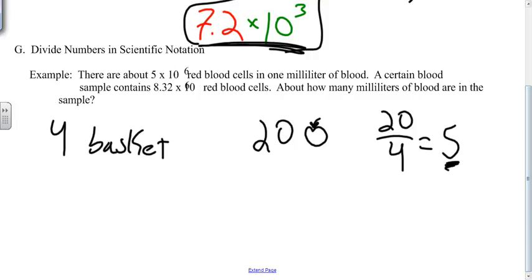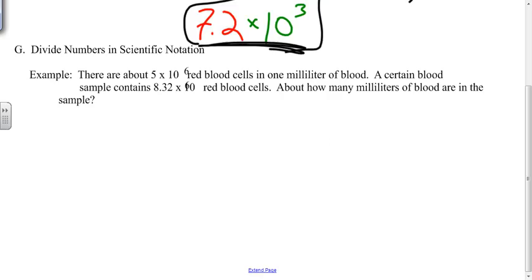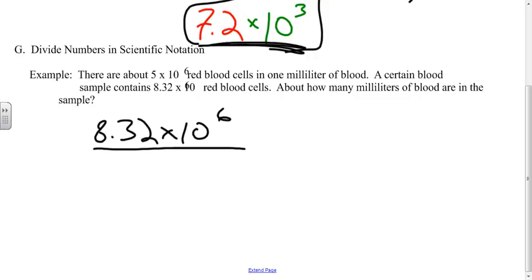So we want to set it up in a similar way: we have 8.32 times 10 to the 6th red blood cells in our sample, our larger group, and we need to divide that by 5 times 10 to the 6th, the amount of red blood cells in 1 milliliter. So this will help us find how many milliliters there are.